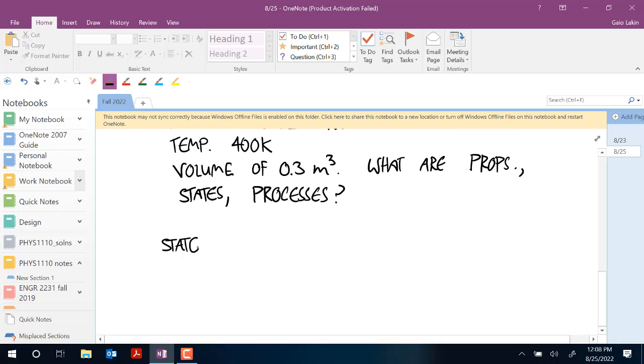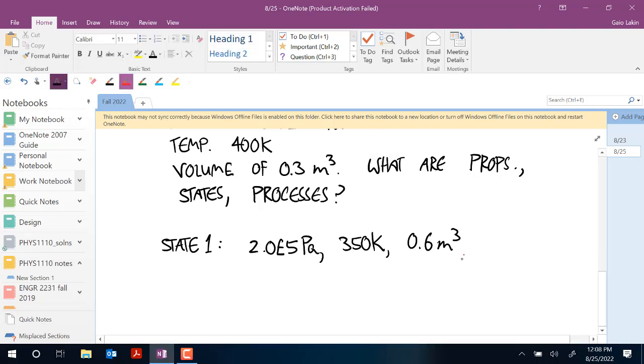So state 1 you can think of as with the pressure of 2 times 10 to the 5th pascals, the temperature of 350 Kelvin, the volume of 0.6 cubic meters. These things are all properties at state 1.